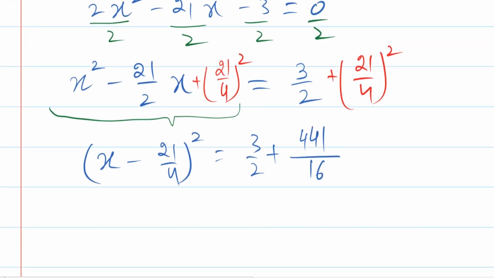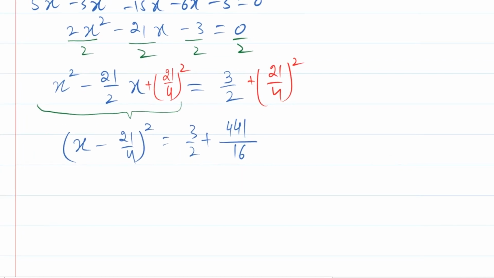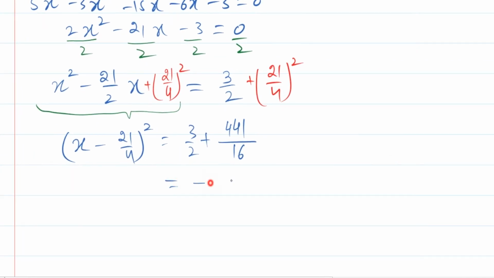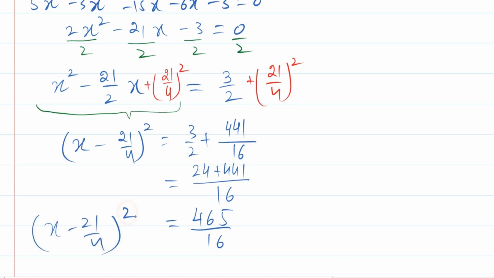Now I will simplify the right hand side. The LCM is 16, 2 8s are 16, 24 plus 441, 465 over 16. So x minus 21 over 4 whole square is equal to this one.